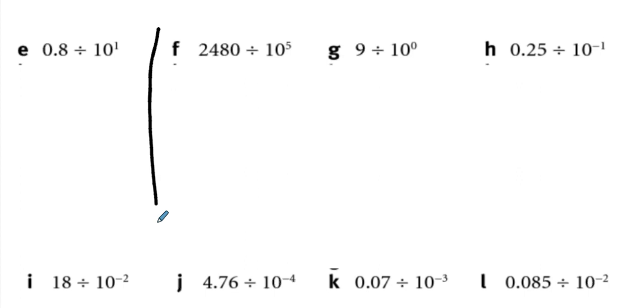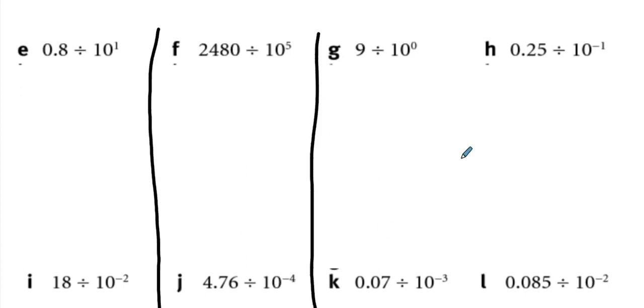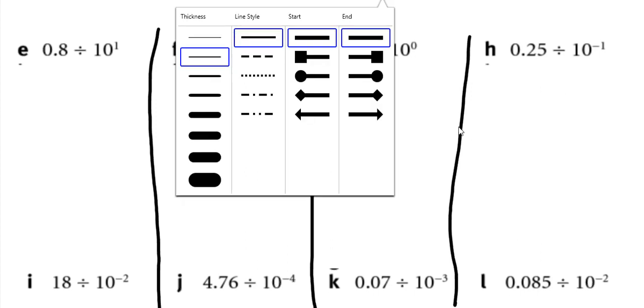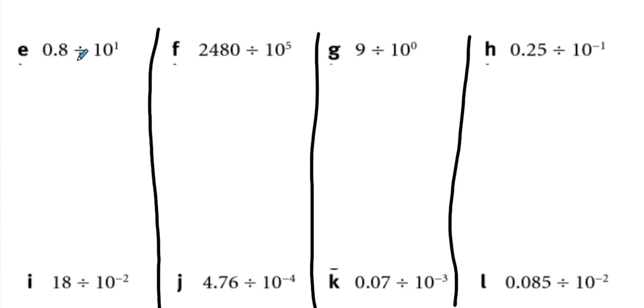Let us keep the borders, like so. And then let us start. We have 0.8 divided by 10 power 1. As we said, 10 power 1 is equal to 10. So write this as a fraction: 0.8 divided by 10.